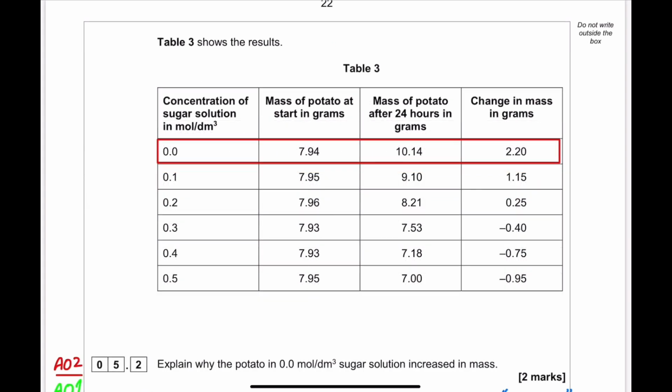5.2 is an AO2 and AO1 combination question from the topic of osmosis. Explain why the potato in 0.0 mole per dm cube sugar solution increased in mass. If you look here, there is no sugar concentration.